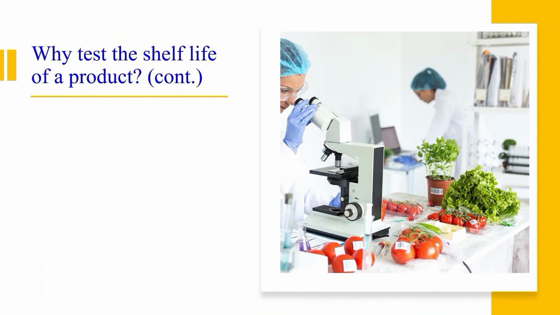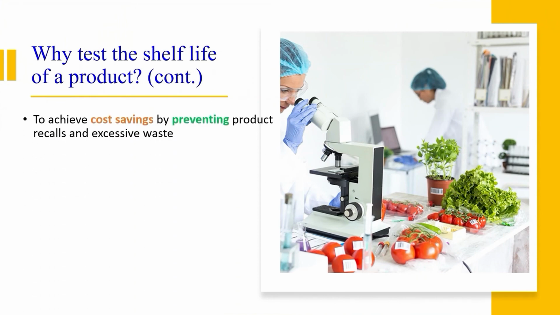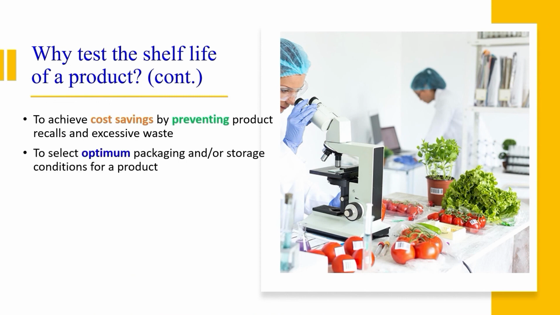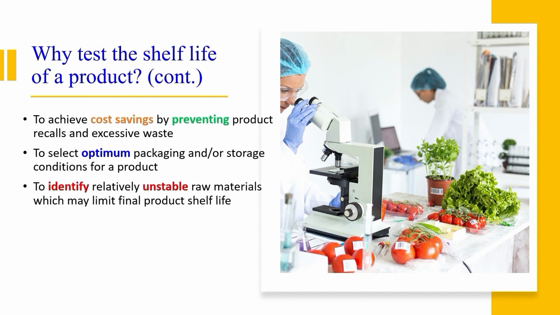By testing the shelf life of a product, we can achieve cost savings by preventing product recalls and excessive waste. We can select the optimum packaging or storage conditions for products. We may save some packaging material costs. We need to identify the relatively unstable raw materials which may limit the final product shelf life.